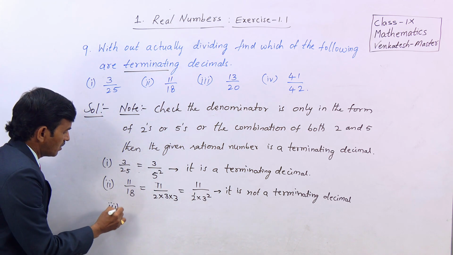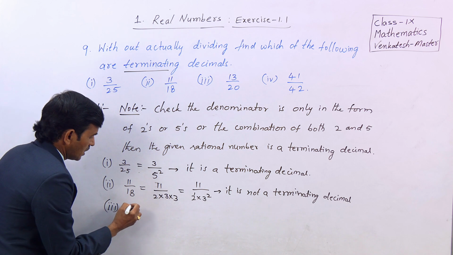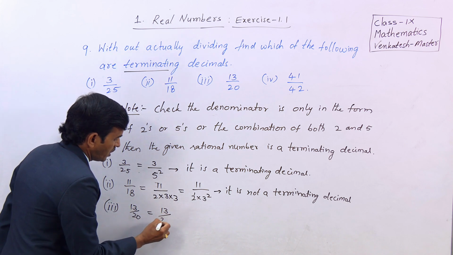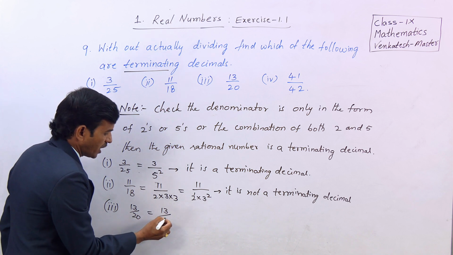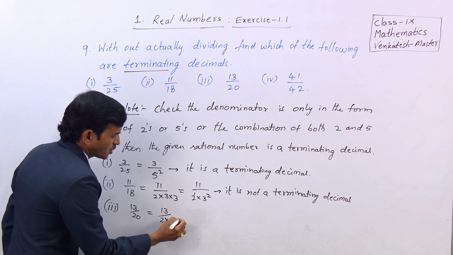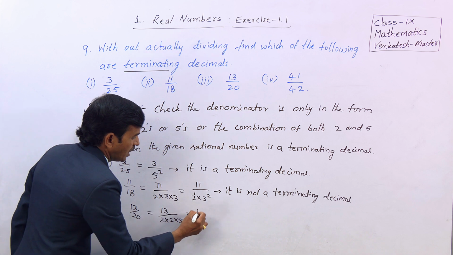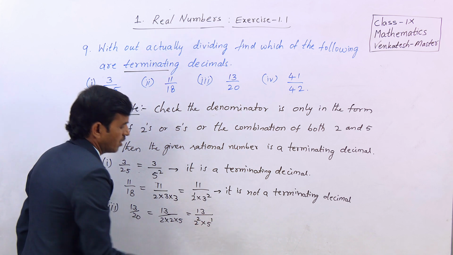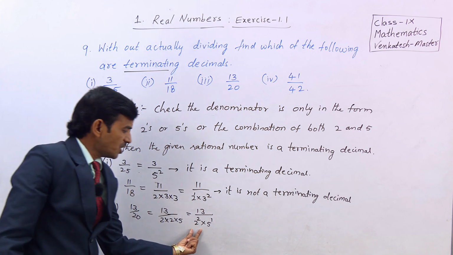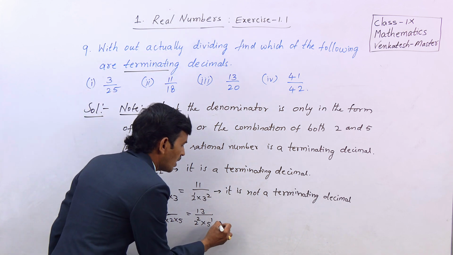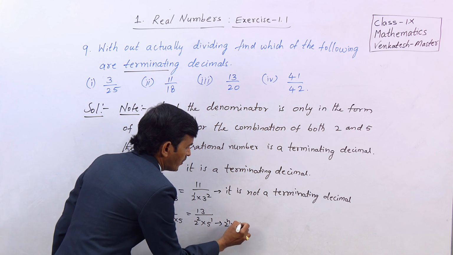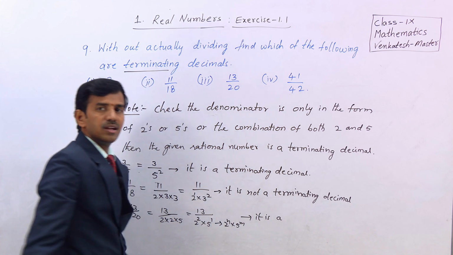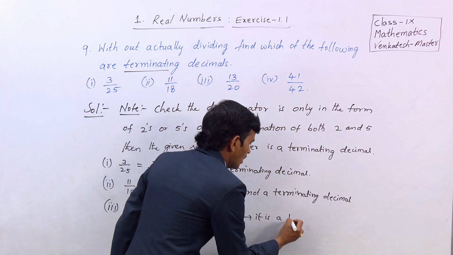Next, third one, what is that? 13 by 20. So 20 can be written as 2 into 10. So 10 can be written as 2 into 5. So finally 13 by 20 can be written as 13 by 2 square into 5 power 1. As the denominator is only in the form of 2 power n and 5 power m, hence it is a terminating decimal.